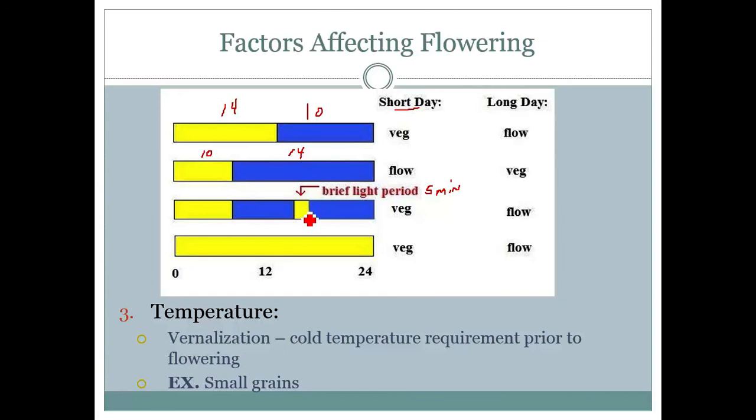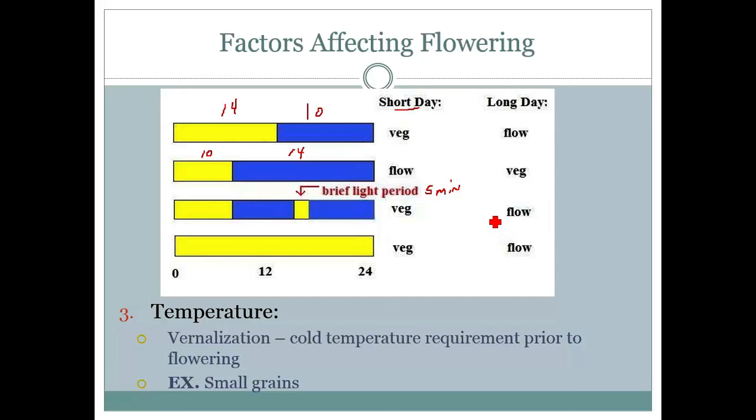We've got 2 short days, and really you would expect that plant to flower, but in practice it remains vegetative. And likewise, you would expect this long day plant, it's not getting a long day, it's getting 2 very short days, to remain vegetative, but in fact it flowers.